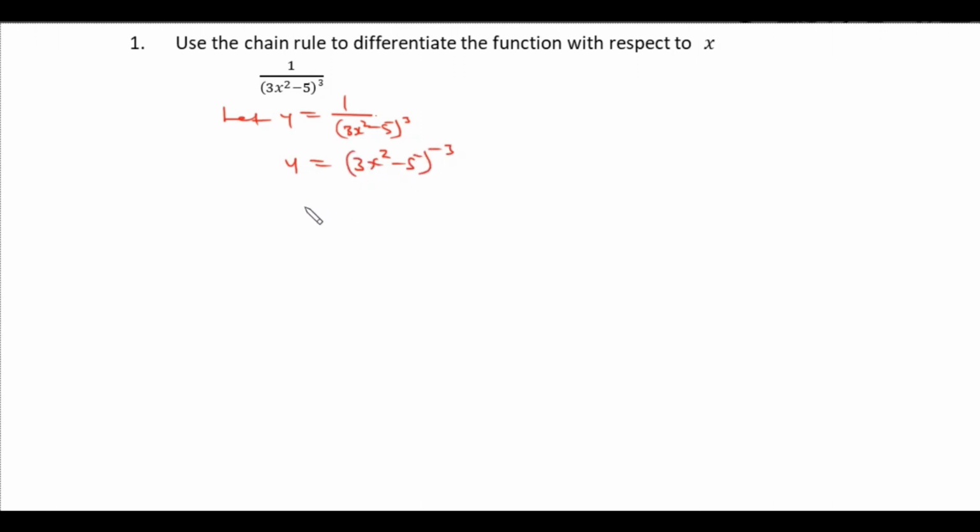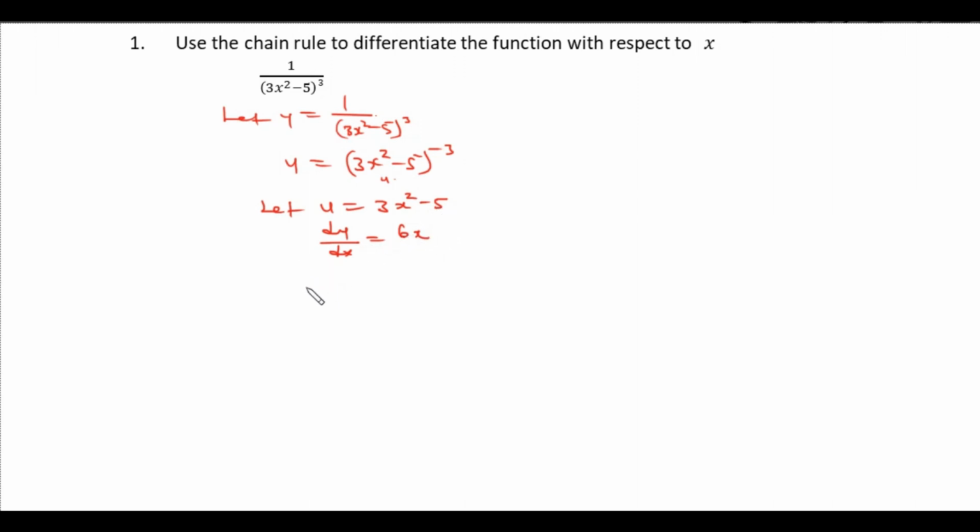So we now use the chain rule. We say let u equal 3x squared minus 5. Differentiating, du/dx becomes 2 times 3, and then 2 minus 1, this gives you 6x, and if you differentiate minus 5, this gives you 0.